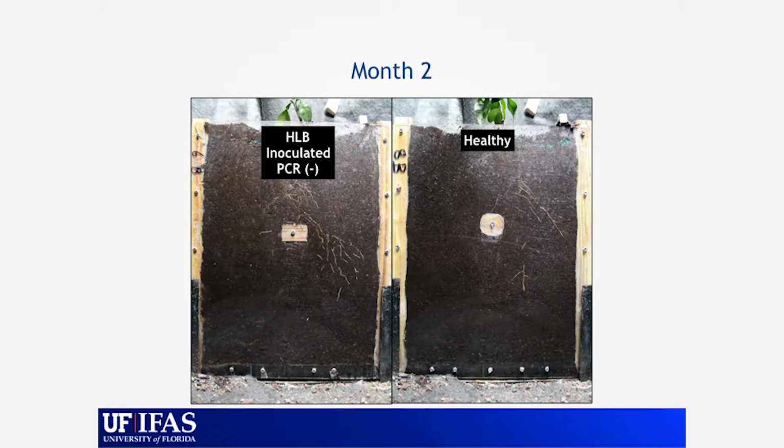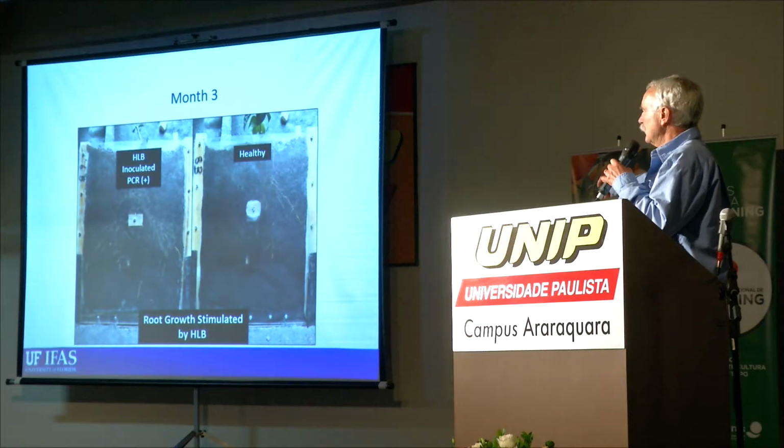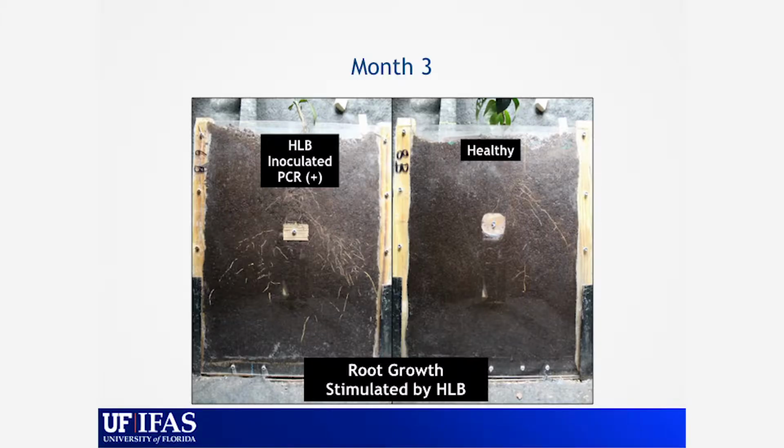In the following month, you see maybe some hints that the HLB-inoculated tree, which is still PCR negative, is starting to grow more roots, or at least as many roots as the healthy tree. But then by 3 months, very convincingly, after the tree is PCR positive, you see more roots in the HLB-inoculated tree than the healthy tree.